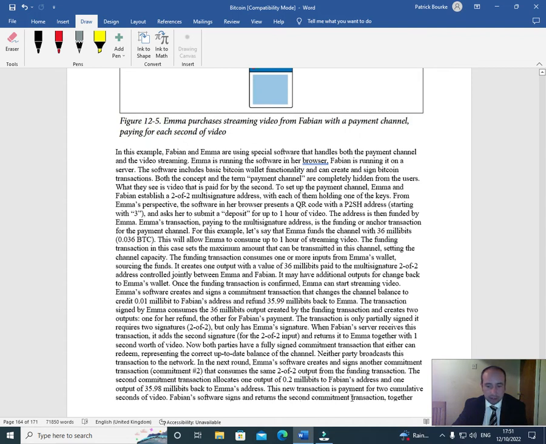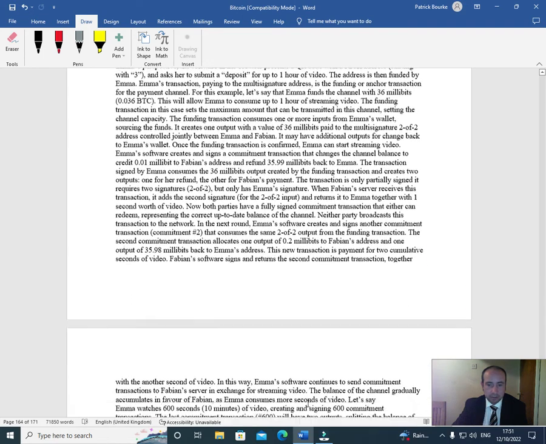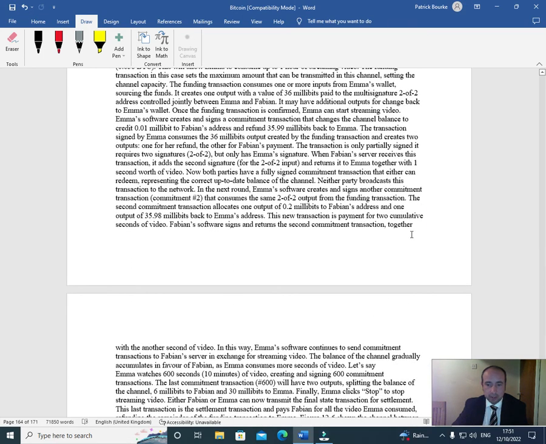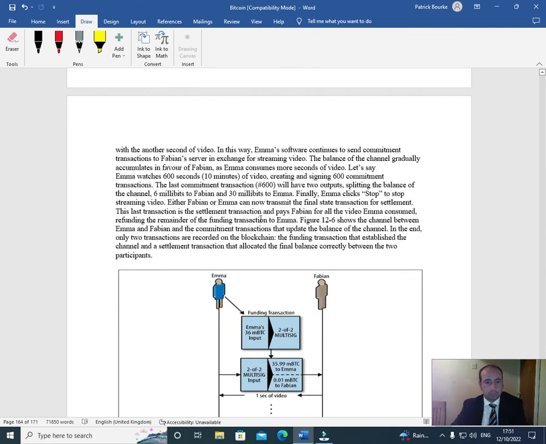This new transaction is payment for 2 cumulative seconds of video. Fabian's software signs and returns the second commitment transaction together with another second of video. In this way, Emma's software continues to send commitment transactions to Fabian's server in exchange for streaming video. The balance of the channel gradually accumulates in favor of Fabian, and Emma consumes more seconds of video.